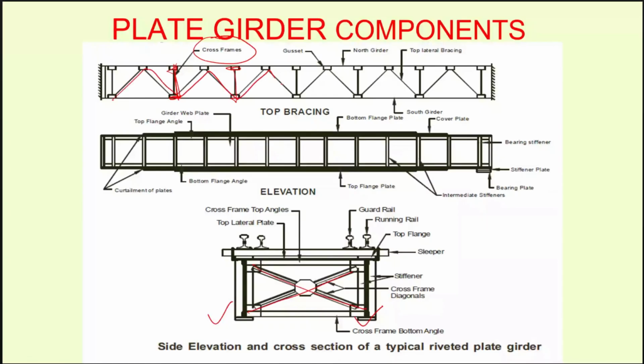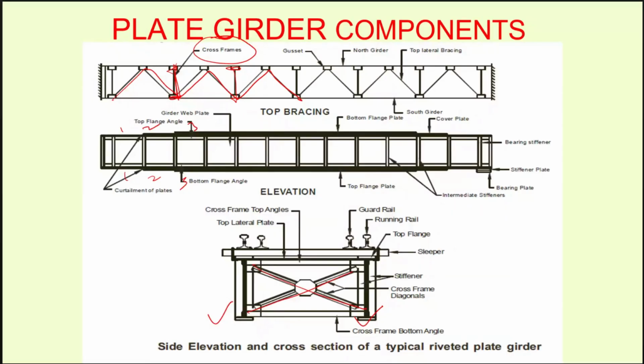Then these are joined with the lateral bracings. Depending upon the requirement, there can be a multiple number of flange plates. Here you can see there are 1, 2 and 3 flange plates. Similarly on the bottom also 1, 2 and 3, depending upon the required moment of inertia to counter the bending moment as well as to control the deflections.